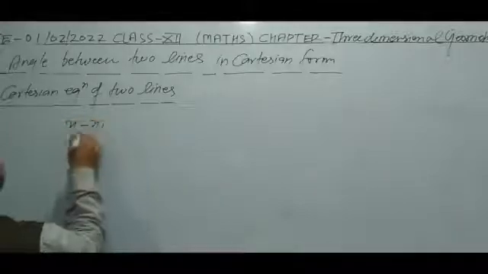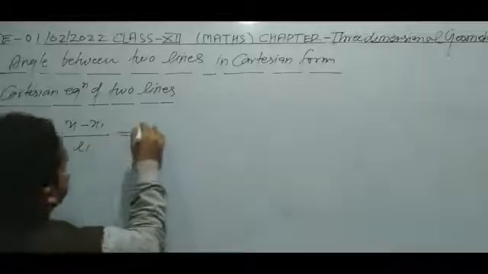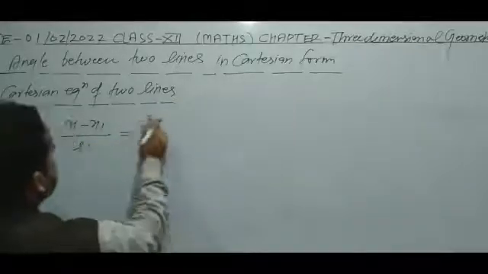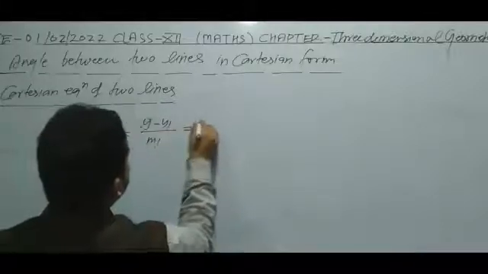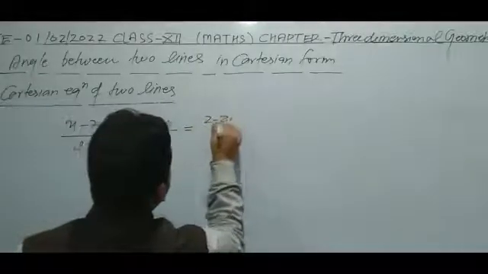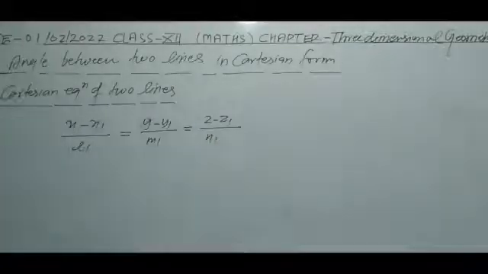This is (x minus x1) upon l1 is equal to (y minus y1) upon m1 is equal to (z minus z1) upon n1. This is the first equation.